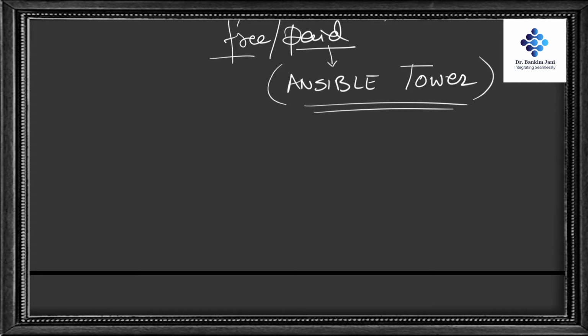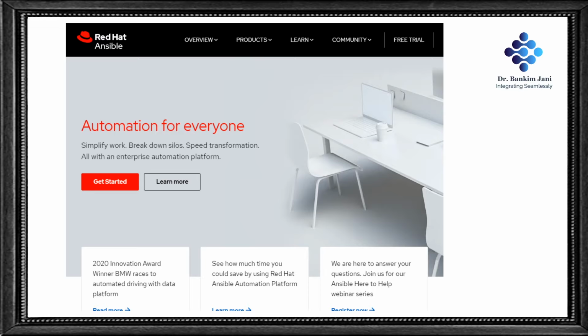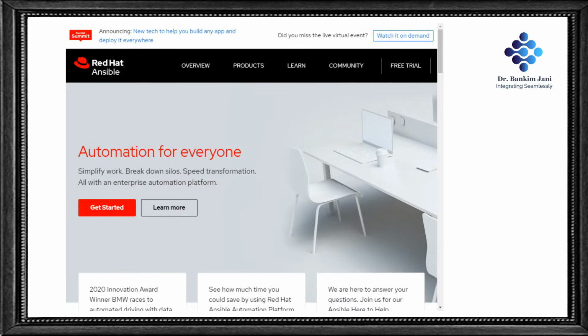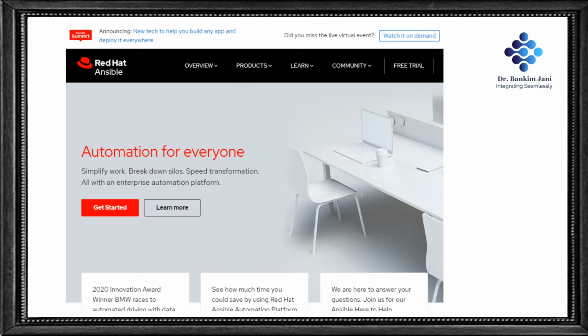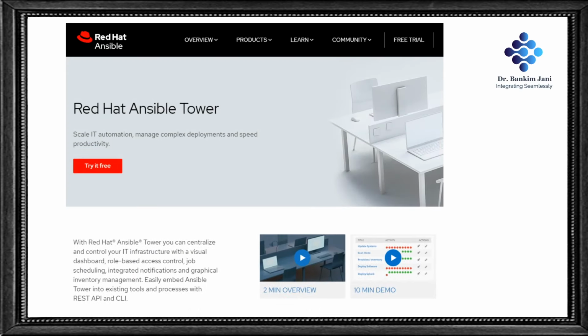So we'll come back to our discussion. Let's see something. Here it is, Ansible.com. So if we see in these products, right here it is Ansible Tower.